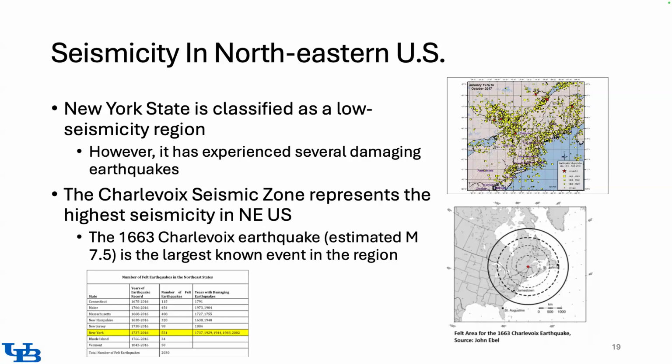And I think in 1663, it caused a magnitude 7.5, and that earthquake was felt throughout the East Coast, causing damage to chimneys and structures in Massachusetts and in Boston, for example, even though it's hundreds of kilometers away, which you wouldn't experience for an earthquake of similar size in California. It will only be confined to a few hundred kilometers.